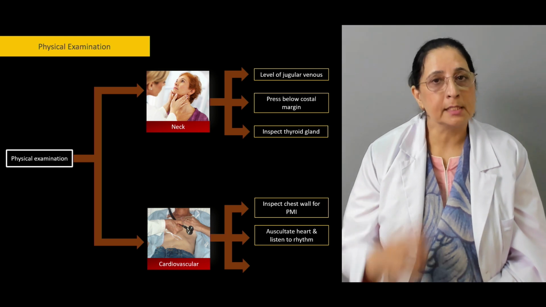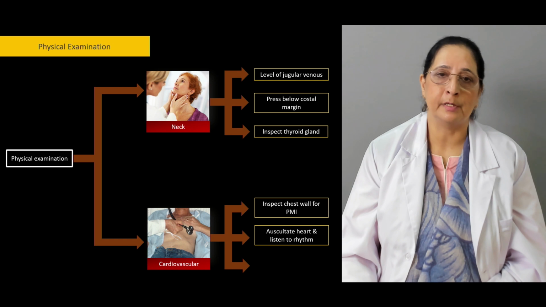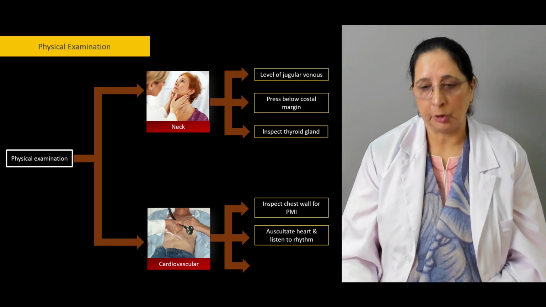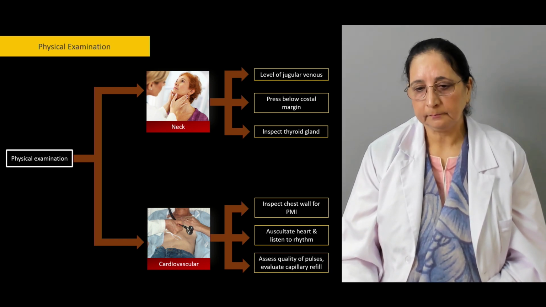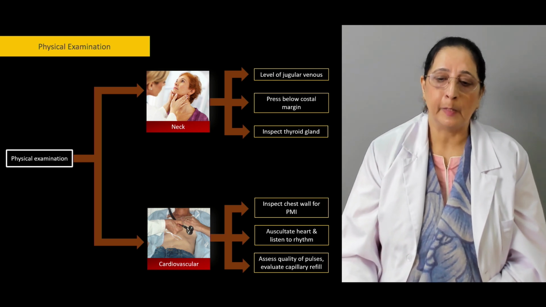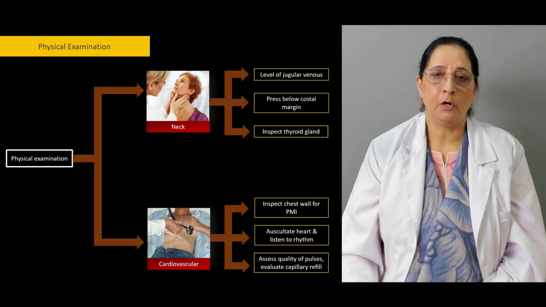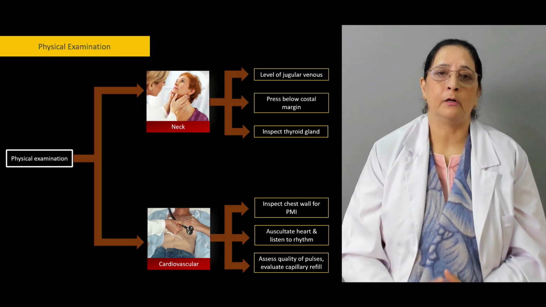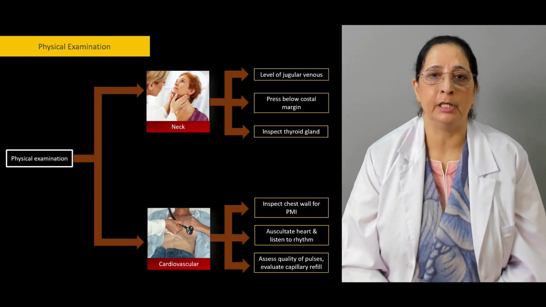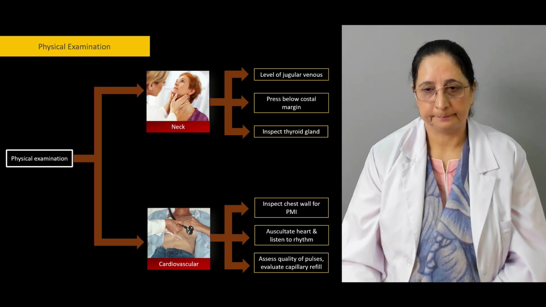And then we auscultate, listen to the heart sounds, murmurs, rhythm with the stethoscope. And also assess the quality of pulses, evaluate capillary refill. So all these are the part of physical examination and very important to perform in patient.